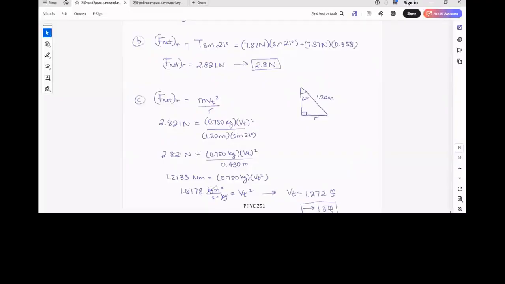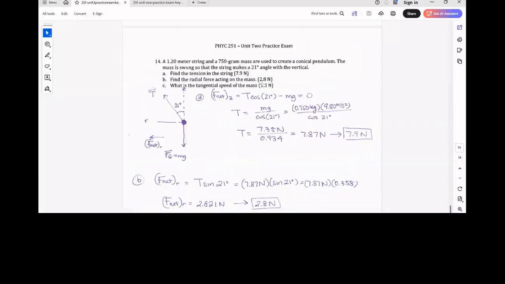So that's where 1.20 meters times sine 21 comes from in the denominator. I end up with a tangential speed that rounds to 1.3 meters per second. I made an error with the units here, 1.3 newtons. That's a typo that I believe is fixed on the original, the blank version of the Unit 2 practice exam.